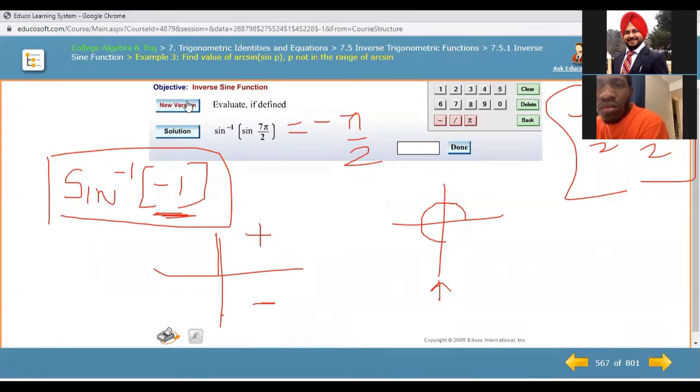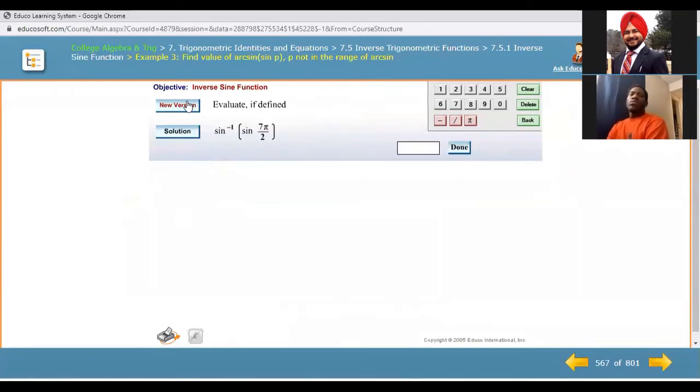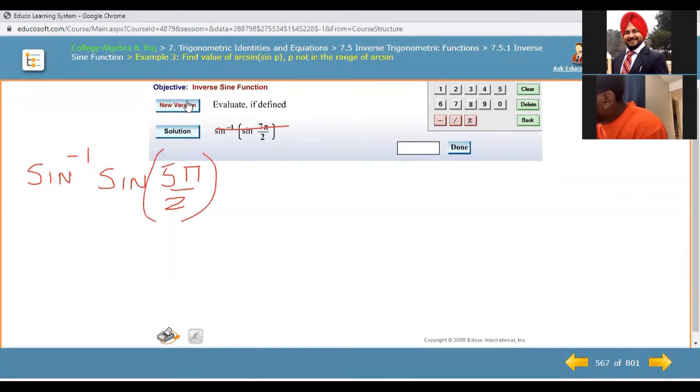Let's say if we have, I'm not solving this question actually, let me write another question: sine inverse of sine of 5π/2. Now, first thing is sine 5π/2.